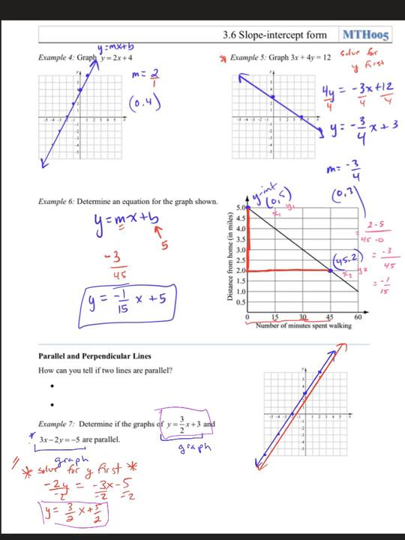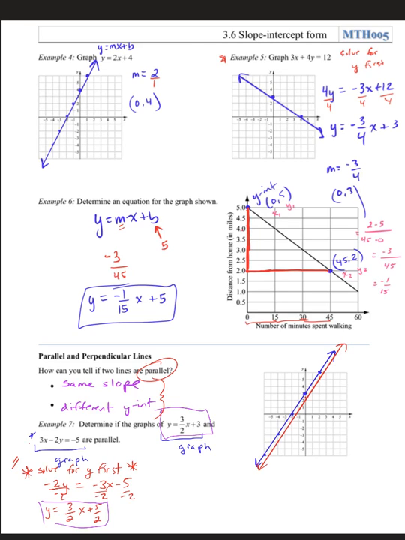So that's one of the first characteristics that we know about if two lines are parallel. They have the same slope. The other thing is they must have different y-intercepts. If they have the same y-intercept, then they would be the same line. So they must follow these two characteristics in order for them to be parallel.